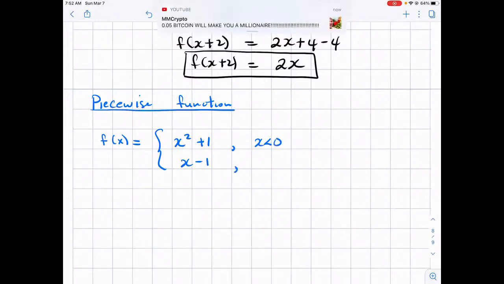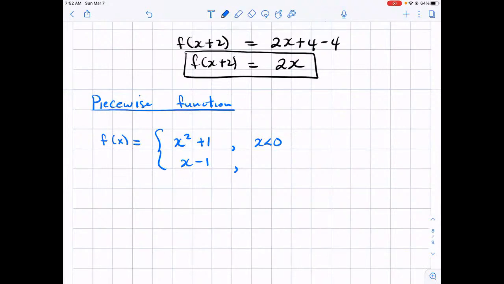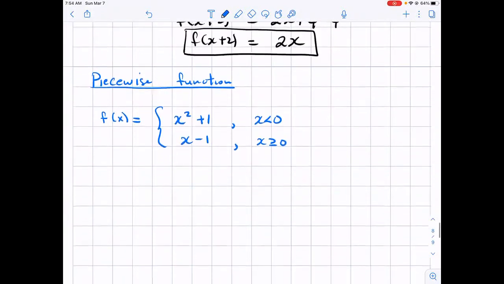And the domain for this one here would be x greater than or equal to 0. So keep in mind that for values less than 0, we will use this function. And when we have values greater than or equal to 0, we have to use that function. And that's basically what a piecewise function is.